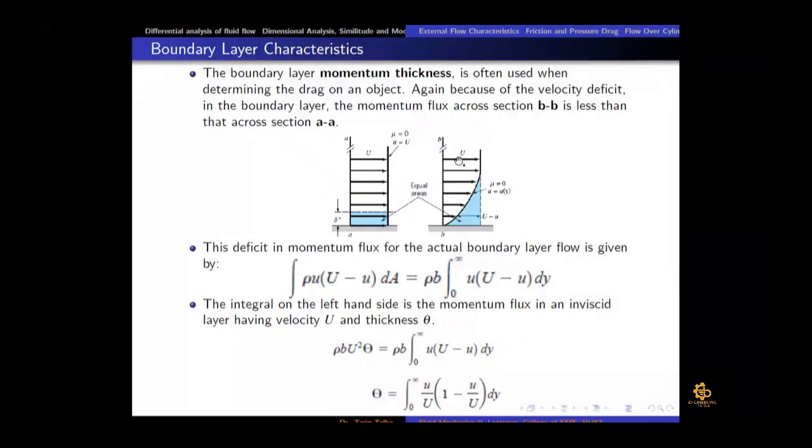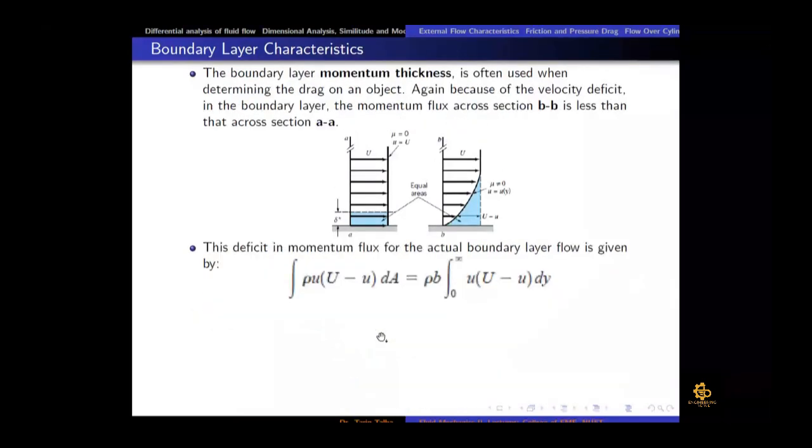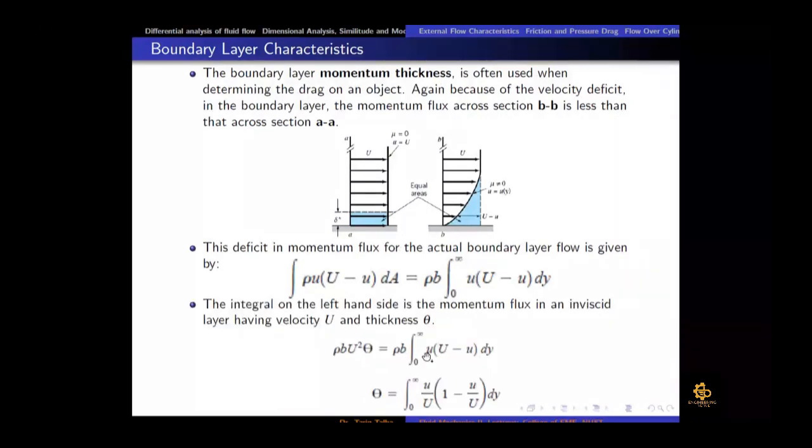If you do the simplification, on the left hand side it is very easy, rho b into U square. From the last derivation, the only difference is that we have multiplied it with u, so U square here, and on the right hand side we have multiplied it with the u velocity, which is the actual velocity depending upon the y location. So we can get the value of the boundary layer momentum thickness.